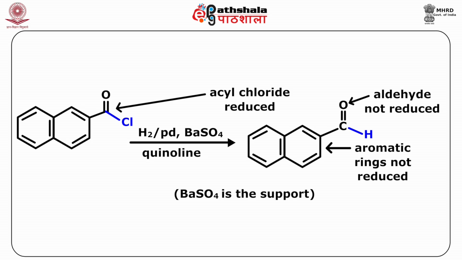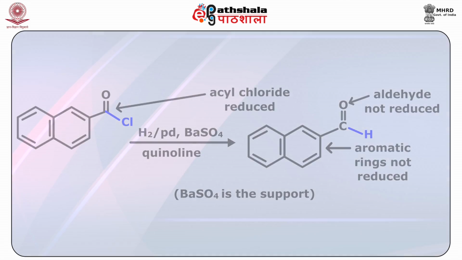Notice that here the COCl is getting reduced to aldehyde and the aldehyde is not further getting reduced to alcohol in this partial or selective reduction, where the poisoning happens due to this combination of hydrogen, palladium, barium sulfate and quinoline. So, there is a reduced level of reduction which happens with this combination, which is Rosenmund reduction. And notice another thing here, in this case the aromatic rings are not reduced.